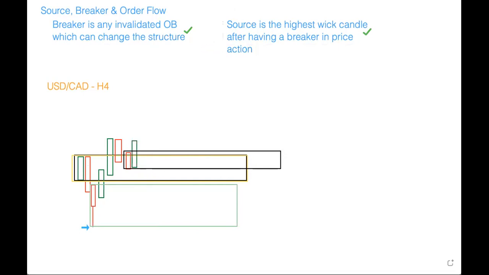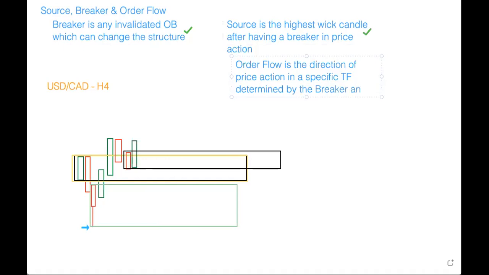And here we have the order flow, which is the direction of price action in a specific time frame, determined by the breaker and source.